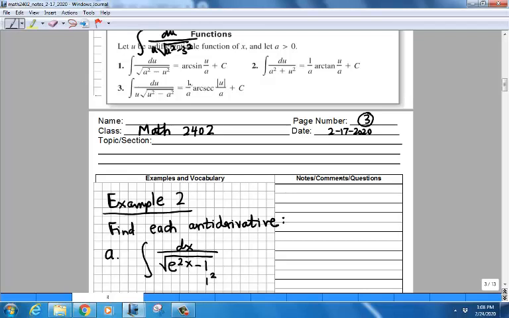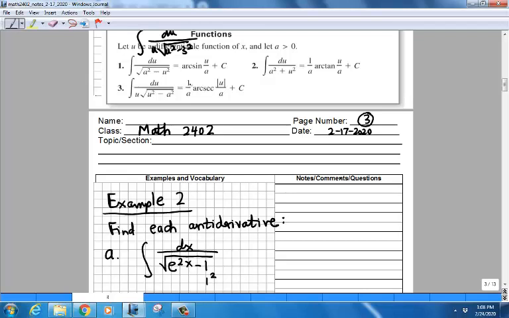Here, a is a constant, so you would have constant squared minus the expression squared. But this is the other way around: here's the expression minus the constant. That becomes important, so this one doesn't quite fit.